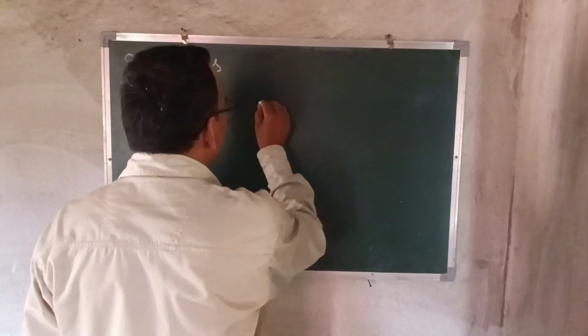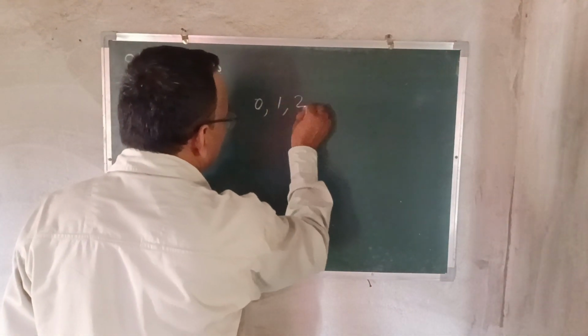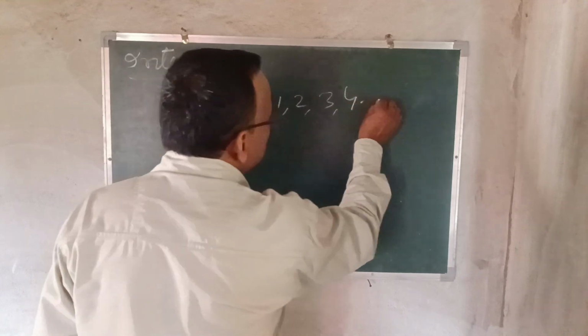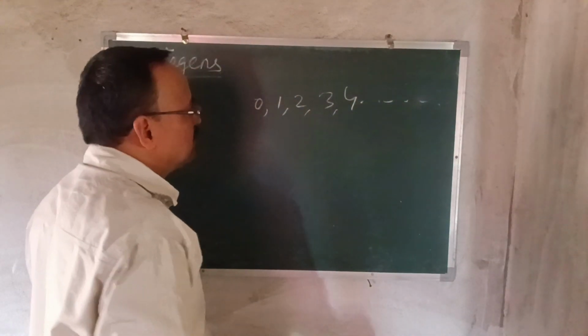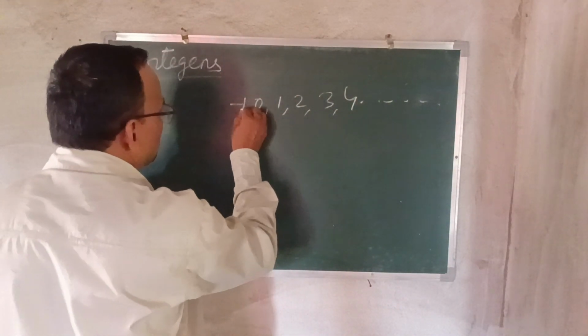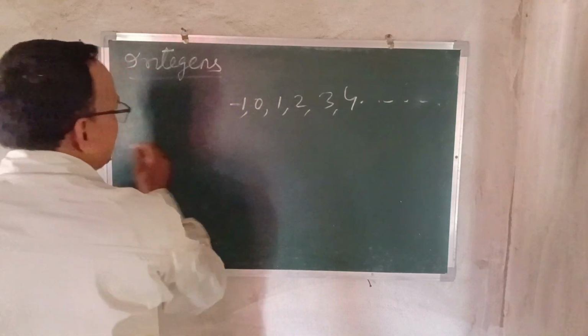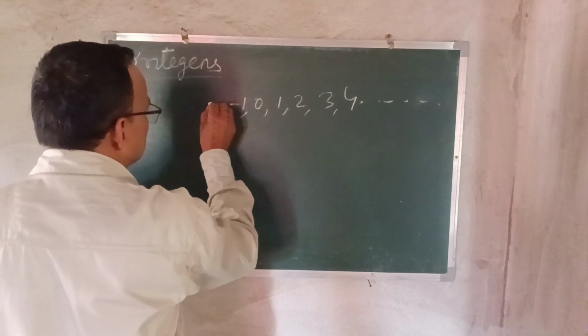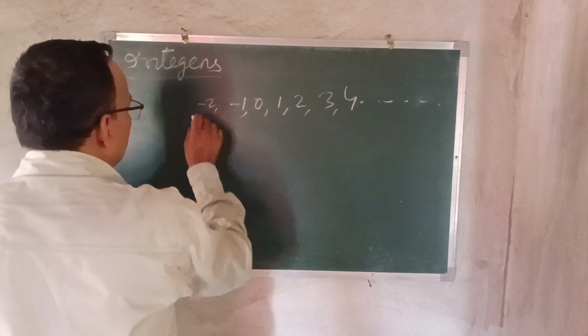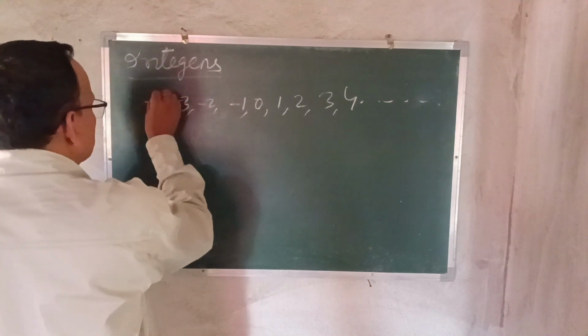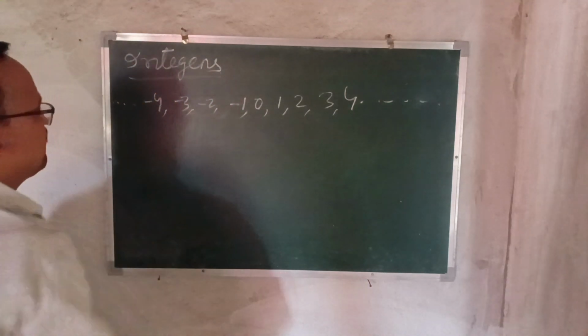So 0, 1, 2, 3, 4, and so on up to infinity. And then on the negative line, or on the left side, they are minus 1, minus 2, minus 3, minus 4, and so on up to infinity.